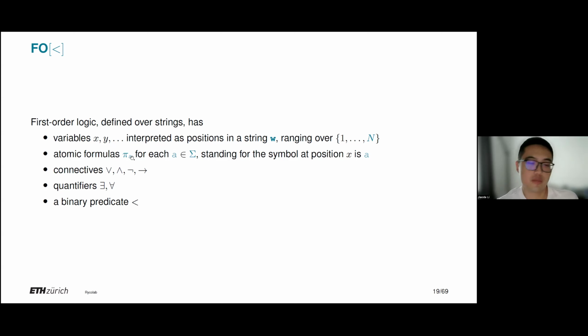We also have atomic formulas pi a, the same as in temporal logic. We also have the connectives. We don't have the temporal operators, but we have the standard quantifiers, existential quantifiers and universal quantifiers. In addition, we have binary numerical predicates that can be used to determine the temporal order of different variables.